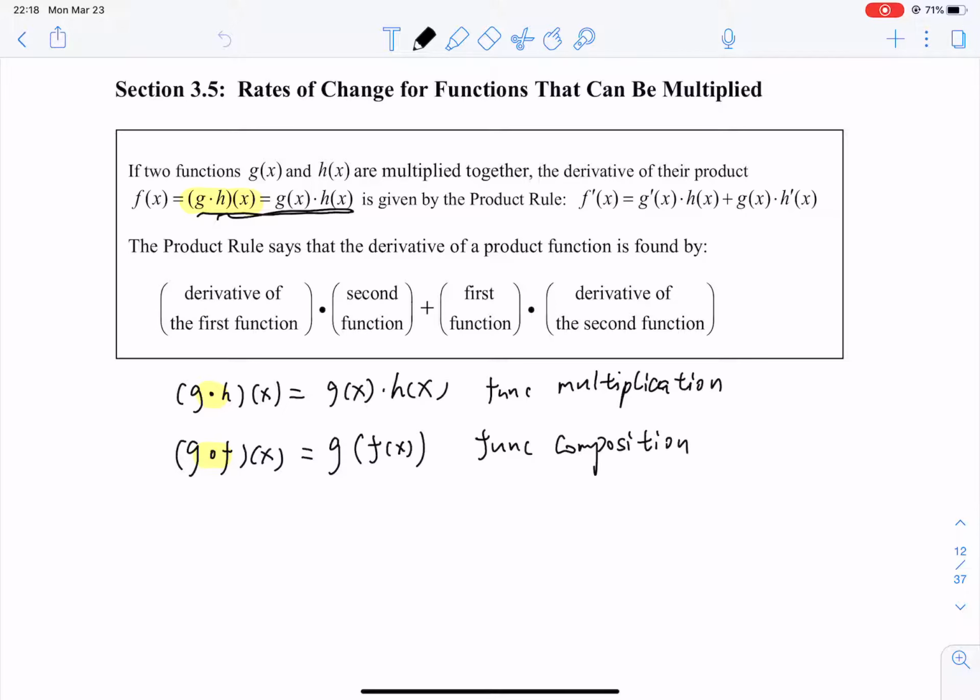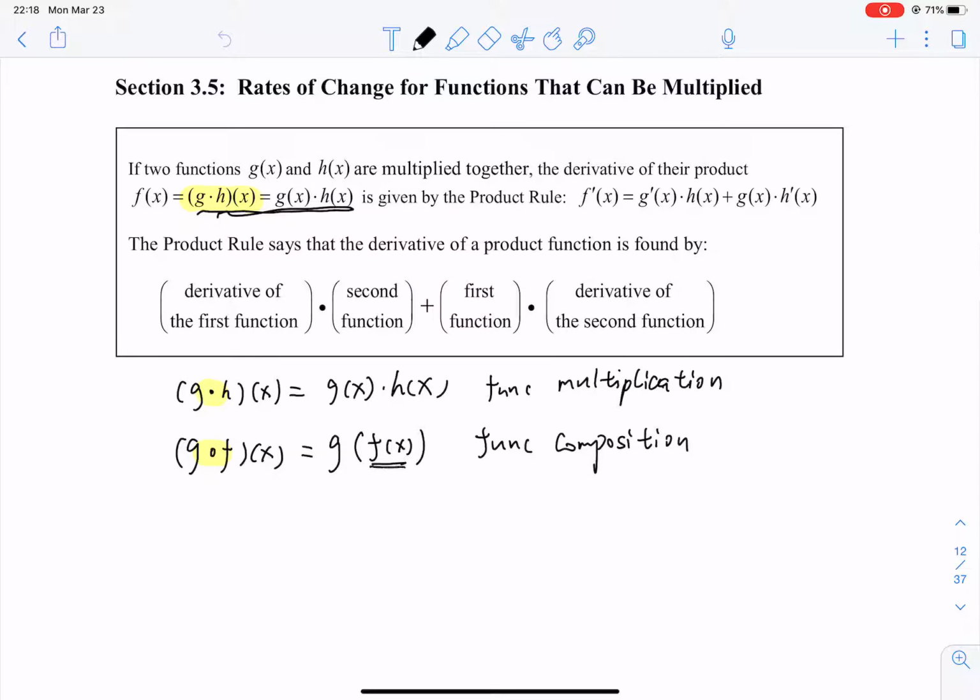For this function f of x, x is the input and the output is just f of x. For the outside function g, f of x is the input and g of f of x is the output.